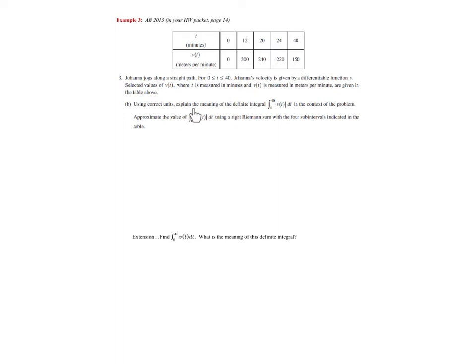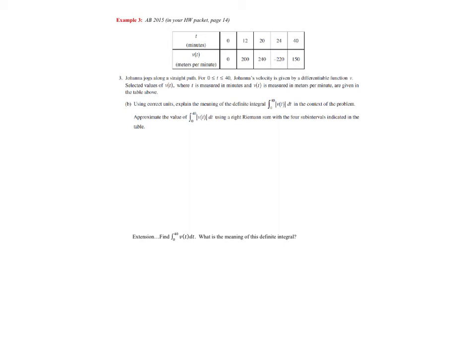So using correct units, explain the meaning of this. The absolute value brings some meaning in. We don't know the distance from home to school, but we know it's going to be longer than her current jog, because she went one direction, turned around, went the other direction for a certain period of time, and then turned around again.